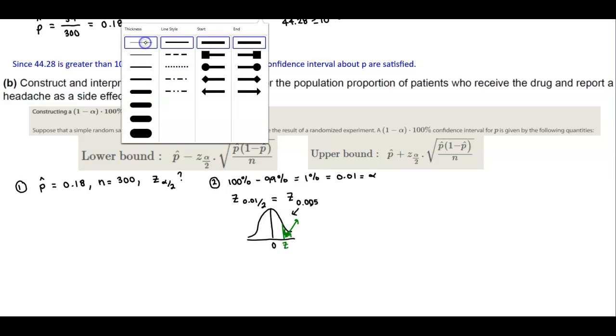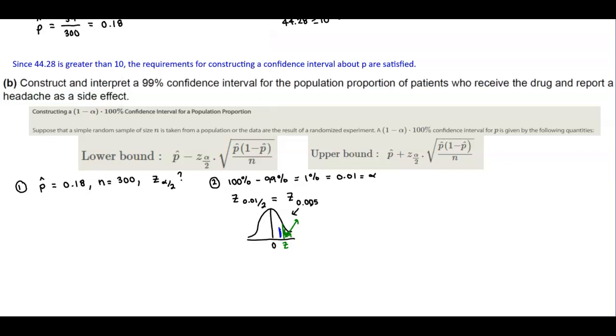But remember, our z-scores are everything to the left. So we're looking for 1 minus 0.005. So we can either use 1 minus 0.005, or we can say that this is 0.995.